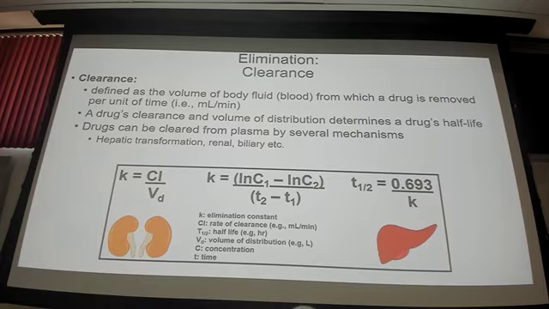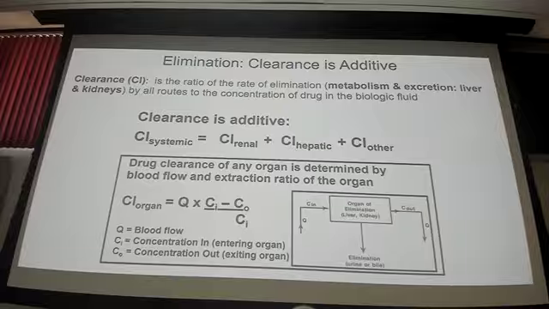hepatic transformation. All right. And so a drug's clearance is a summation of all the elimination pathways. So systemic clearance is renal clearance plus hepatic clearance plus clearance from any other organs.